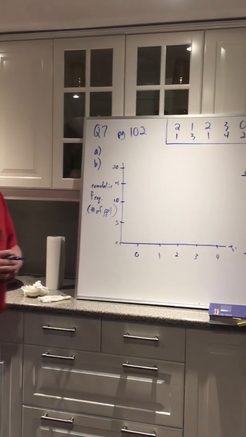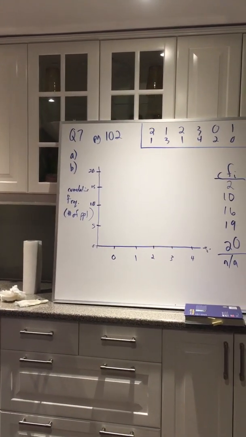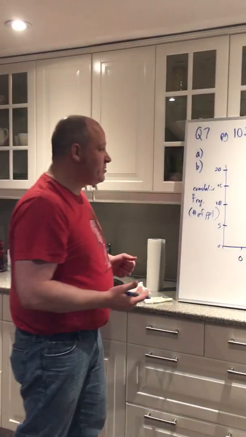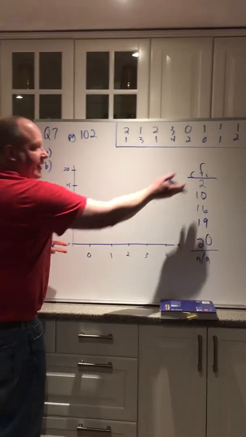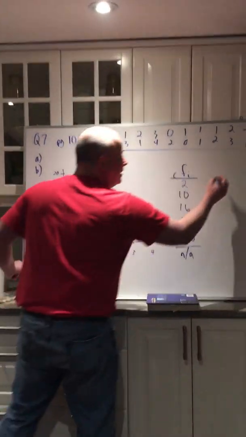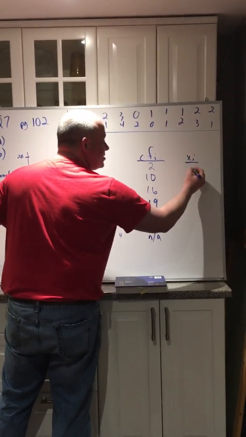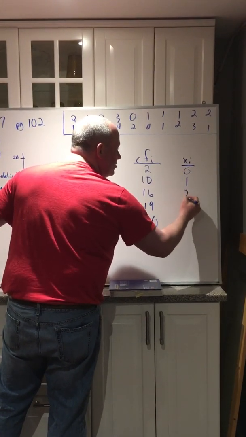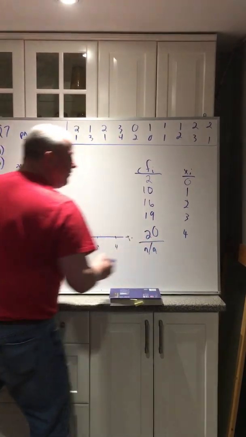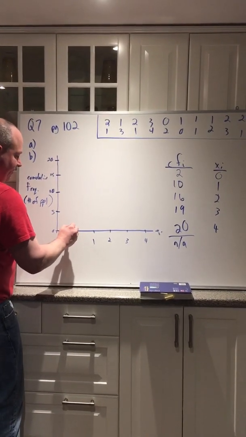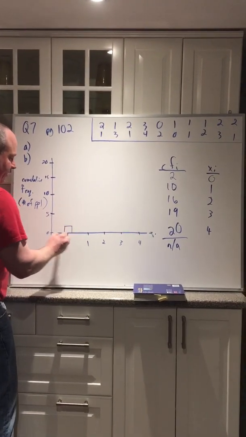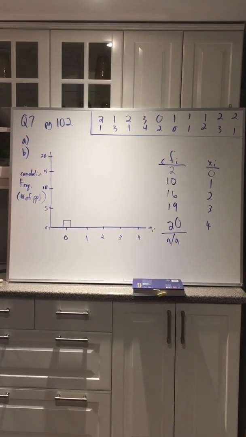And of course, we're going to represent them with bars. You can even represent it with individual sticks if you want to, but most people really like bars. And then you just plot the data. Make sure the bar is the height that's representative of the cumulative frequency. If you remember, I erased it, but my x sub i is 0, 1, 2, 3, 4. Those are the values that went along with these frequencies. When you have a nice sheet of grid paper, you'll be able to do this exactly. I'm doing my best here.